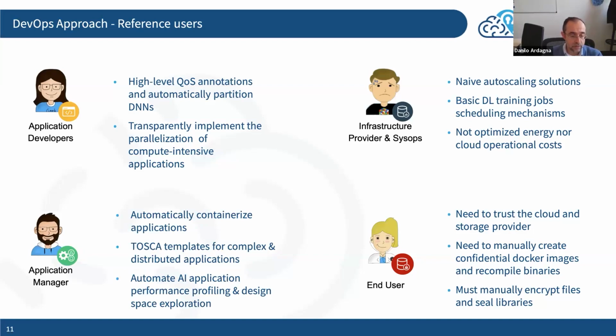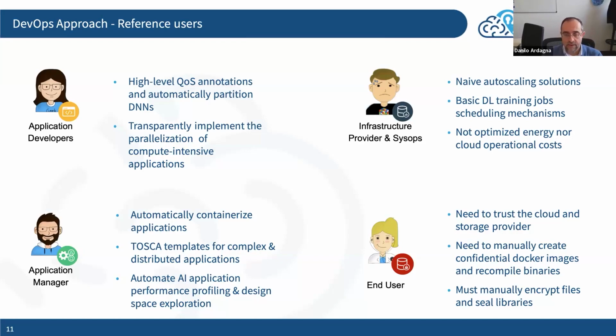The deployment of this container then is completely automated and is TOSCA compliant. And moreover, we have a solution that fully automates the application performance profiling and optimization. What we do is automatically gather profiling data from the running components, and we develop some machine learning models that allow us to predict the performance on unseen configurations.